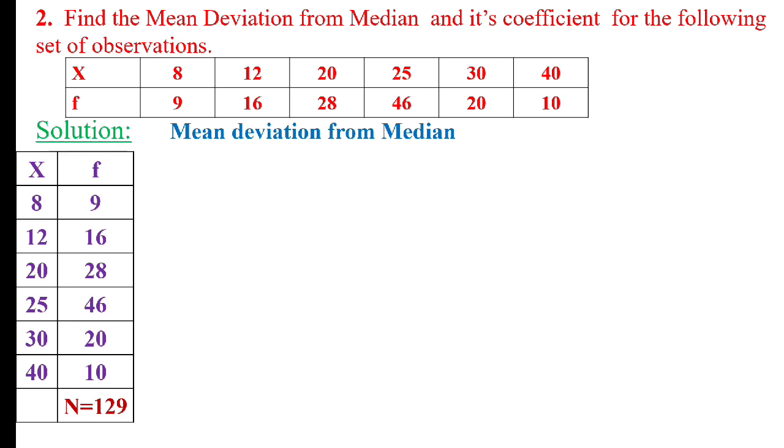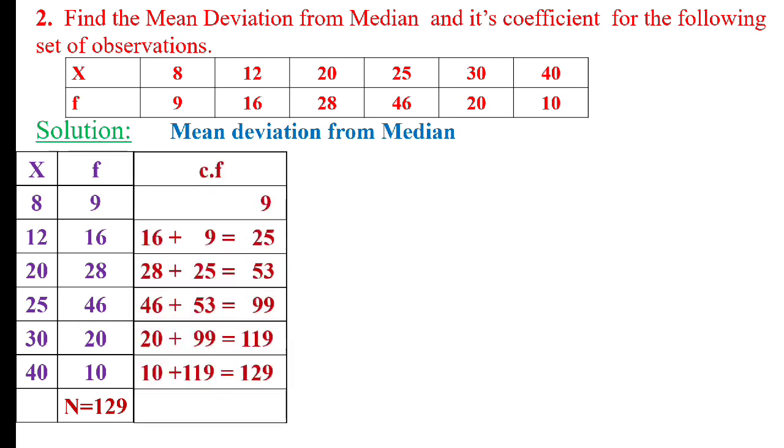When you want to find the median, you first need to find the cumulative frequency. For cumulative frequency, the first frequency of 9 will be written as it is. Next frequencies will be added continuously: 16 plus 9, 25, 28 plus 25, 53, 46 plus 53, 99, 20 plus 99, 119, 10 plus 119, 129. This is the way cumulative frequency will be found.